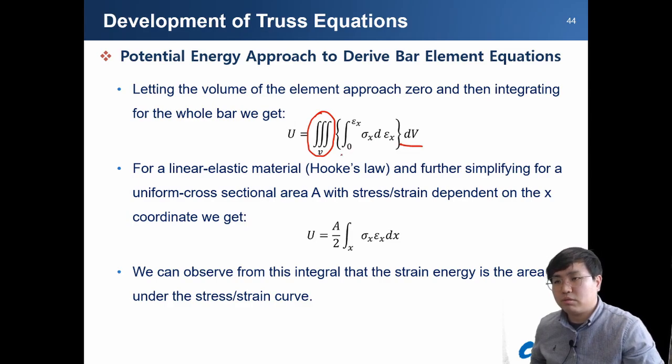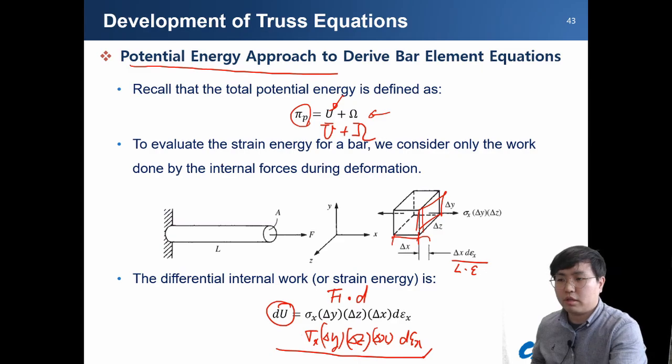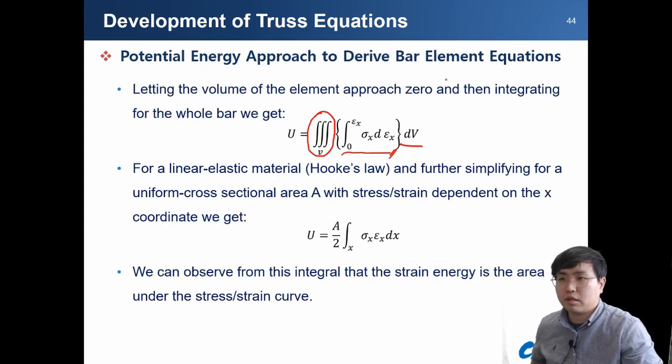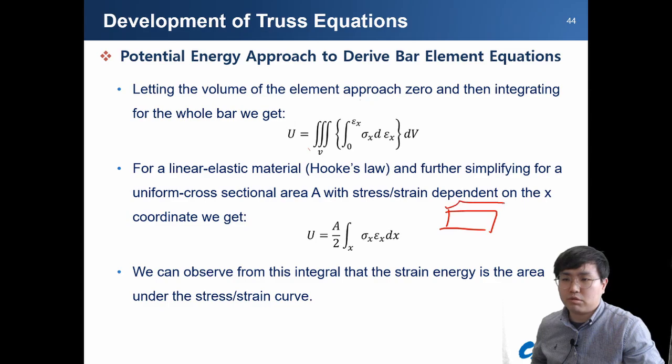So in the previous slide, our infinitesimal equation can be integrated first along the x-axis, over the total strain field, and then this small internal energy must be summed with respect to the whole total volume of the system. Anyway, we are going to use a very simple one-dimensional truss system.